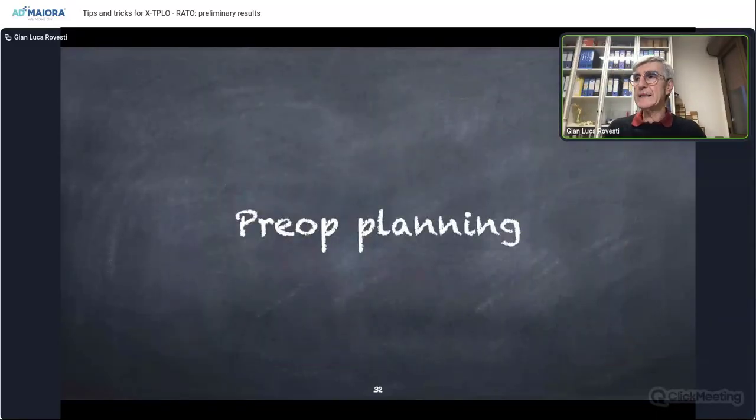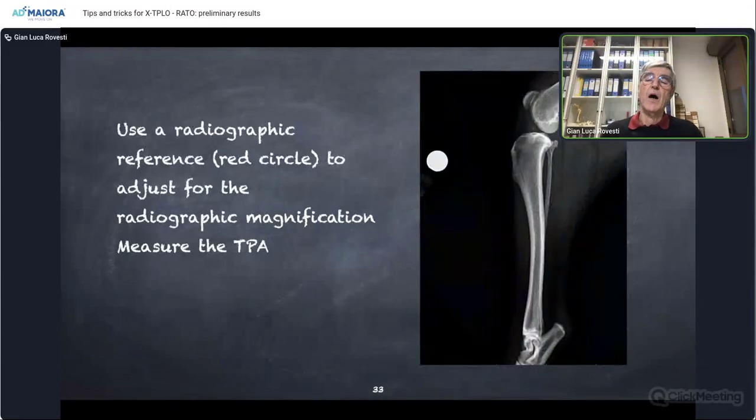Okay, so the planning is always use a radiographic reference, a radiographic marker that should be a ball. Why? Because this is not dependent on how we rotate it to adjust for radiographic magnification to measure the TPA.